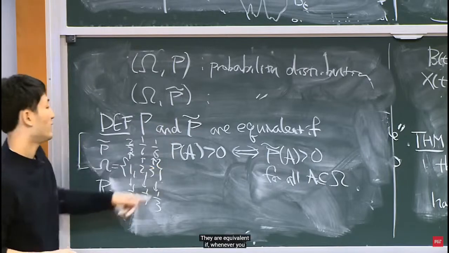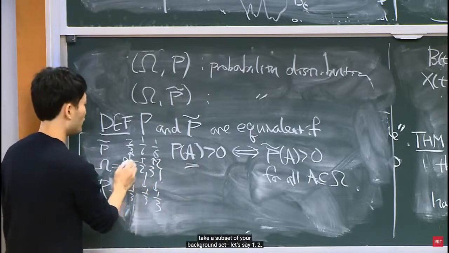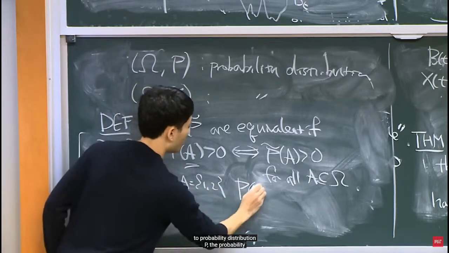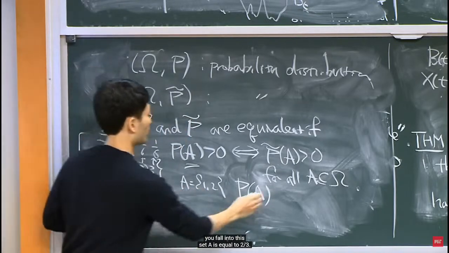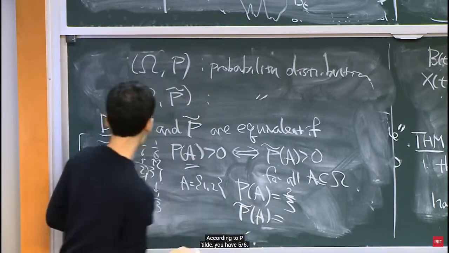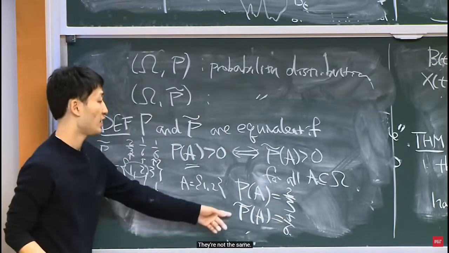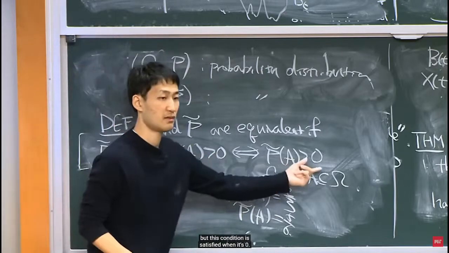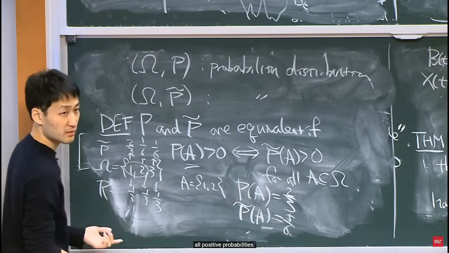They are equivalent if whenever you take a subset of your ground set, let's say A is equal to {1, 2}, according to probability distribution P, the probability you fall into this set A is equal to 2/3. According to P tilde, you have 5/6. They're not the same. The probability itself is not the same, but this condition is satisfied. When it's zero, it's zero; when it's not zero, it's not zero. And you can just check that it's always true because they're all positive probabilities.